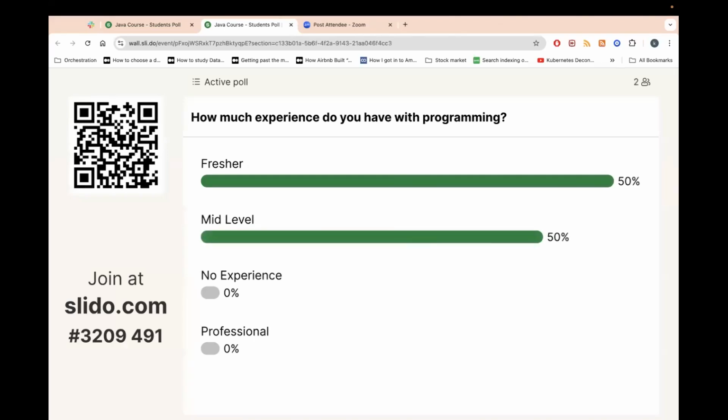Just scan the QR code, go to slido.com and enter this code. This is just to see how many people know what, so that I can know the audience and cater to them better.